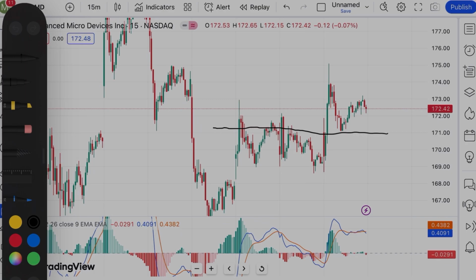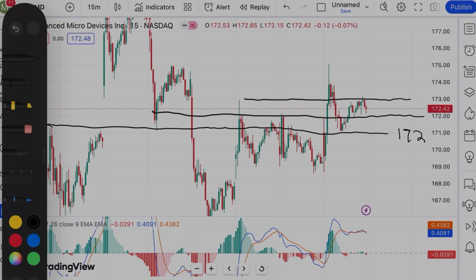So on the 15, as you can see, it looks like the same thing for the support. That's a strong level of support right there. 171, 172. It's showing the same thing on all the same time frames. 173. You see that? Strong level of support right there.